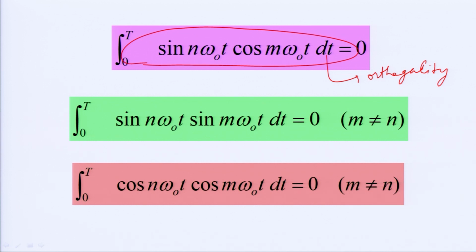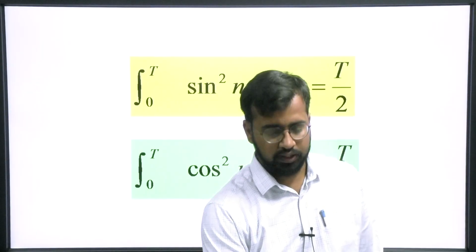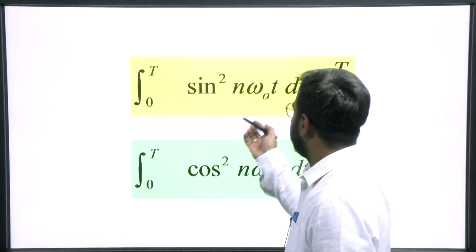Similarly, if you change the frequency, again it is equal to 0, where m must not be equal to n. Again, if both are cosine, or both are sine, the value is 0. So this is the orthogonal property.